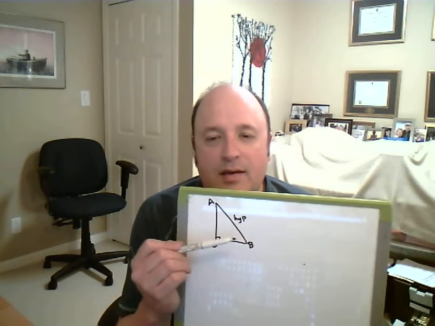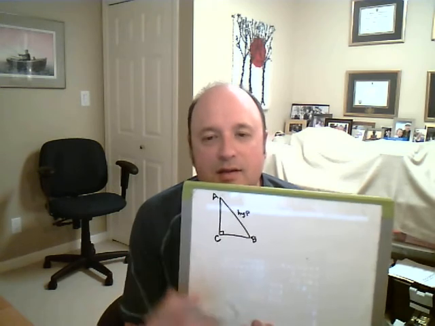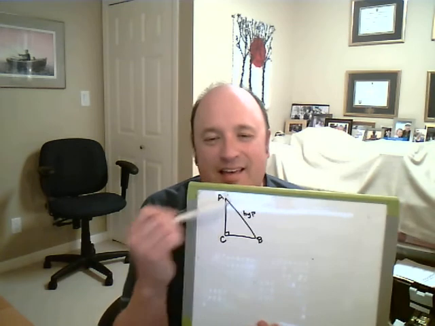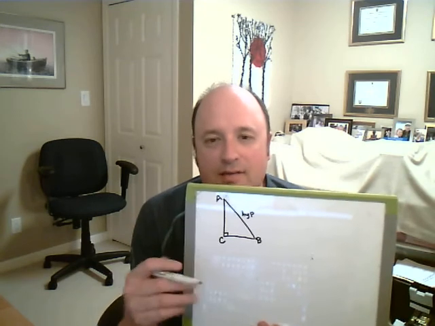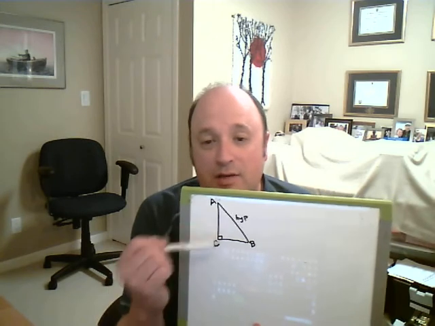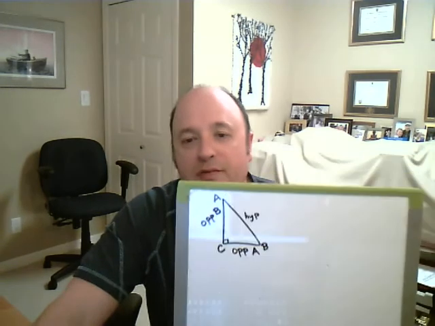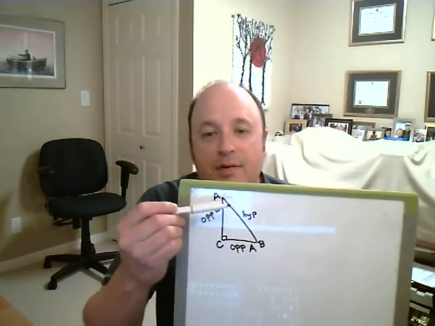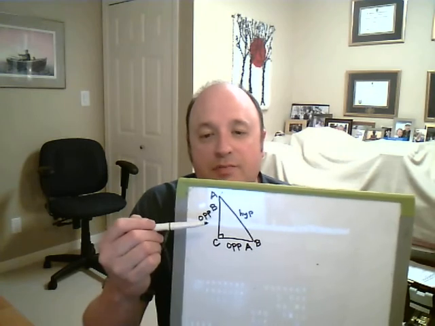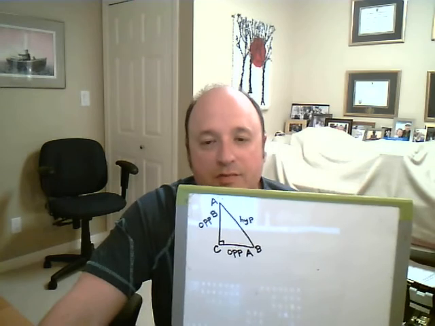B has its opposite side, and A has its opposite side. So we can label the different sides of our triangle as either opposite or adjacent to these particular letters. Let's see how that works. There's the opposite of A down here because there's A up here, and the same thing with B, so opposite of B is up here. We call those the opposite of A and the opposite of B.